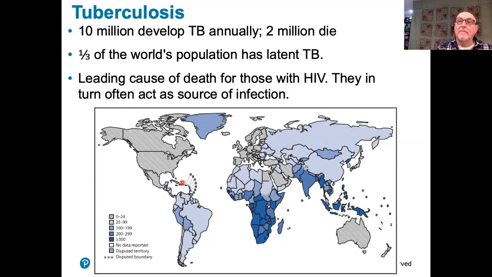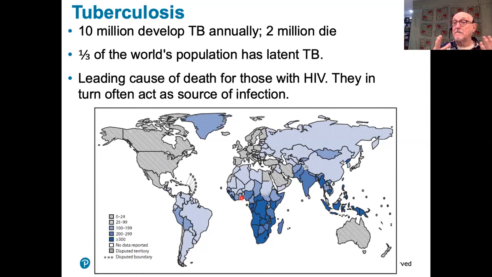And in places where HIV is common, for example, in Southern Africa, look, Sub-Saharan Africa here, HIV is extremely common. And as people become immunocompromised, very frequently those latent infections explode and they become fulminant. And those people become extremely infectious as well.